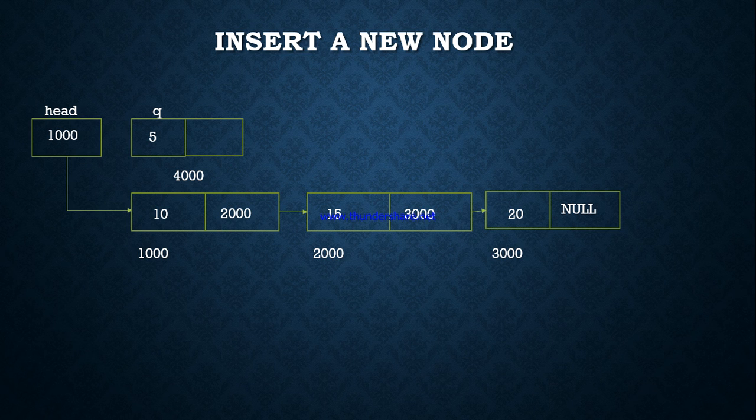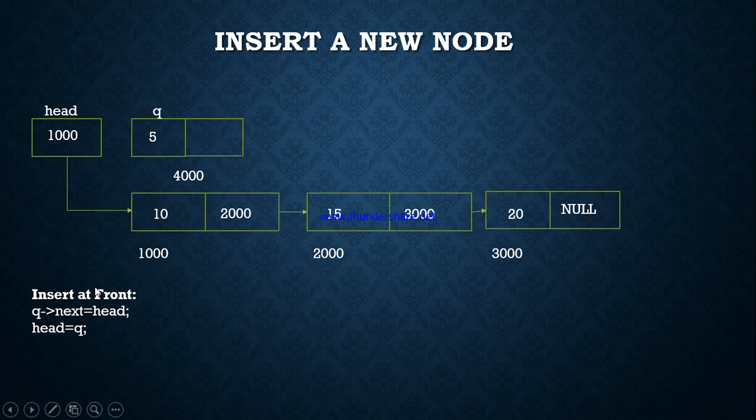Okay, now what is the rule? The rule is that if 4000 becomes our first node, that means we will insert the node 4000 before the node at 1000. So what will be the logic? This 4000 will point to the node 1000 and head will point to 4000. Then only we can link this node, or insert this node before 1000.